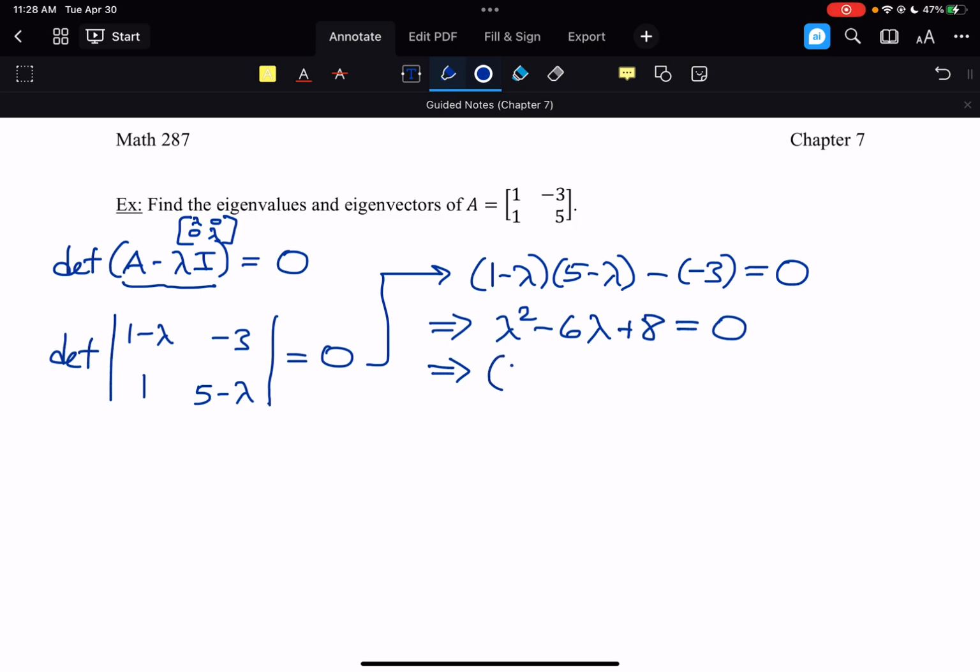We get lambda minus 2 and lambda minus 4. Right? That gives us -6 and then +8. This gives us two values. Lambda 1 is 2. Lambda 2 is 4. So we have two eigenvalues.